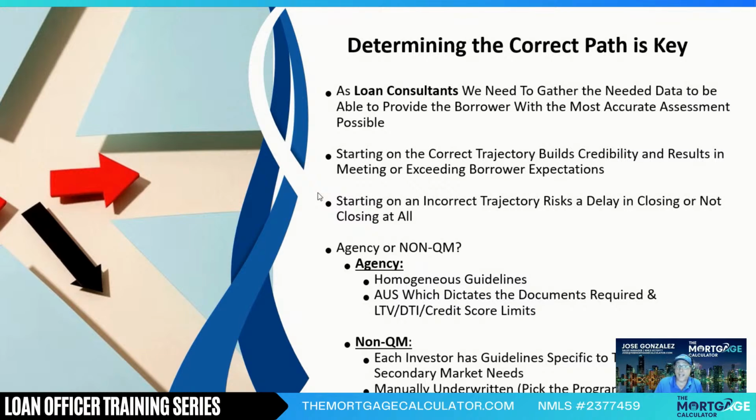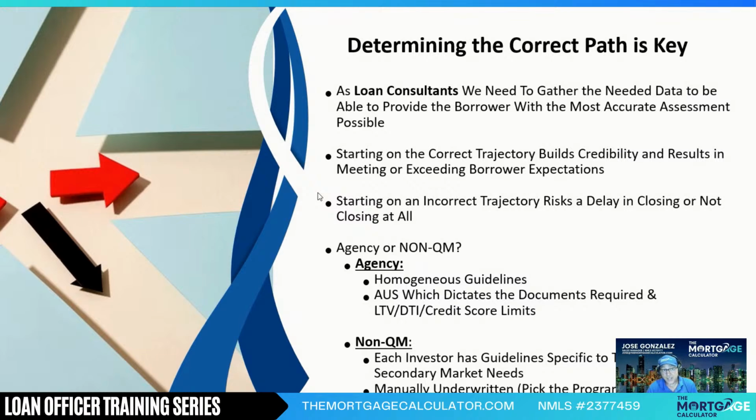Because these loan packages are sold into the secondary market, and depending on who you're selling that loan package to, are their guidelines, right? And then they turn around and pass those guidelines to us as the loan originator, and then we review them and see what loan we're going to be able to place you with, which is the beautiful thing about being a lender with all of these different options at our disposal. Like I mentioned, over 5,000 loan products at the mortgage calculator.